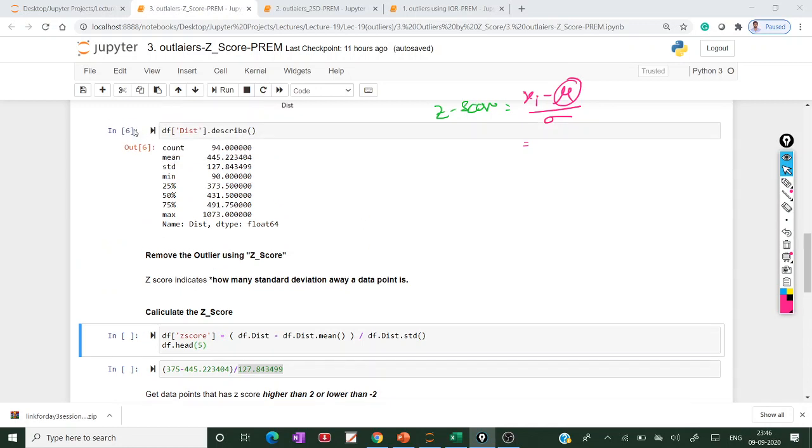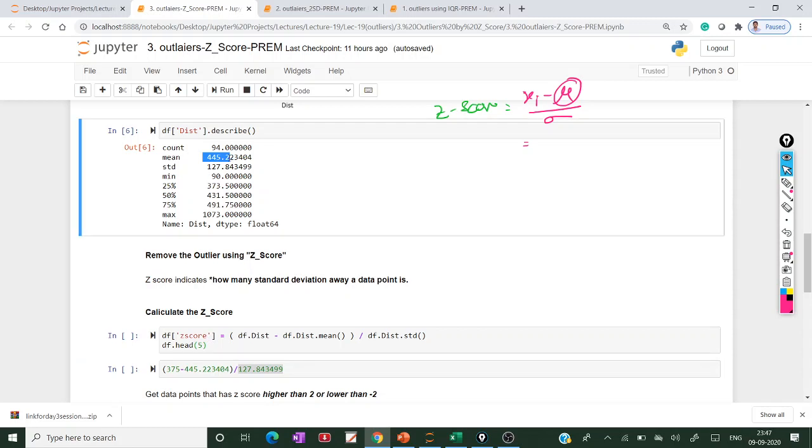See, this is the mean value, 445.22 something, and this is the standard deviation, 127.84.